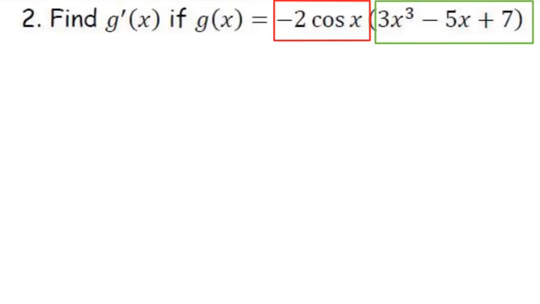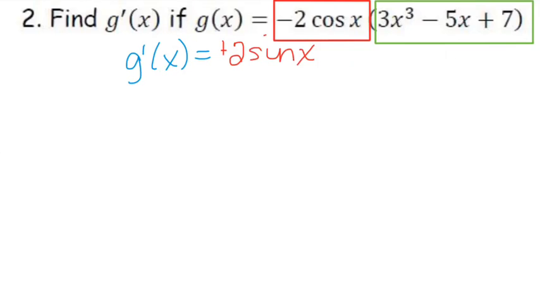So my derivative of the first is going to be, I'm going to keep my negative 2, but the derivative of cosine is negative sine. So my negative 2, because I'm talking about negative sine, I'm just going to make that a plus. And so this becomes 2 sine x. That's the derivative of my first.